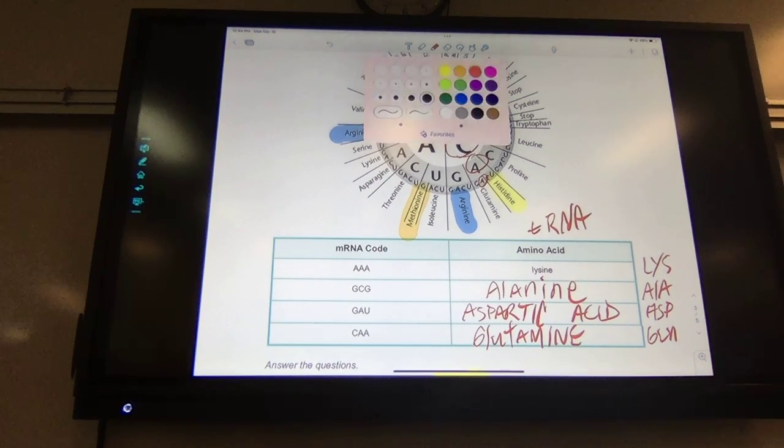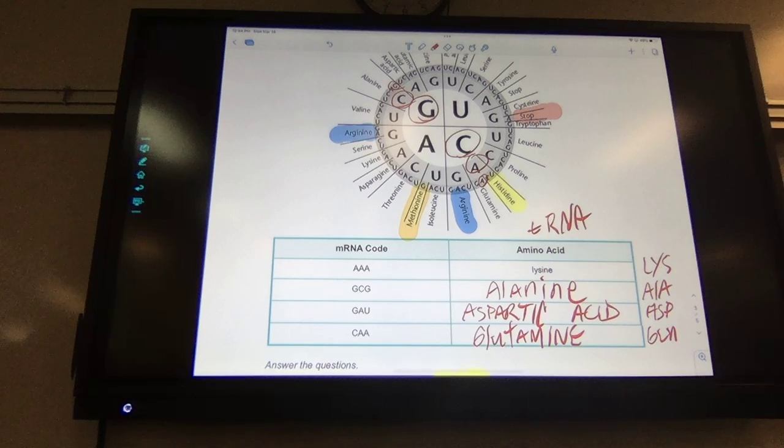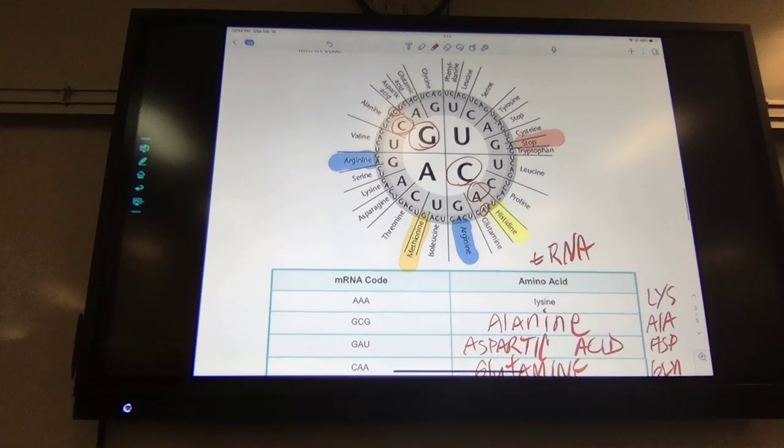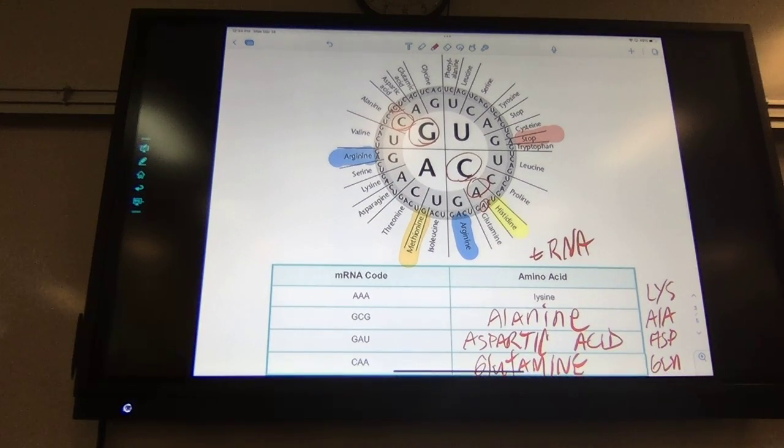So look at the wheel. There's a stop right there. And there's 2 stop codons. No, I thought there was, yeah, there's 3 stop codons: UGA, UAA, and UAG. So what does the stop codon mean?